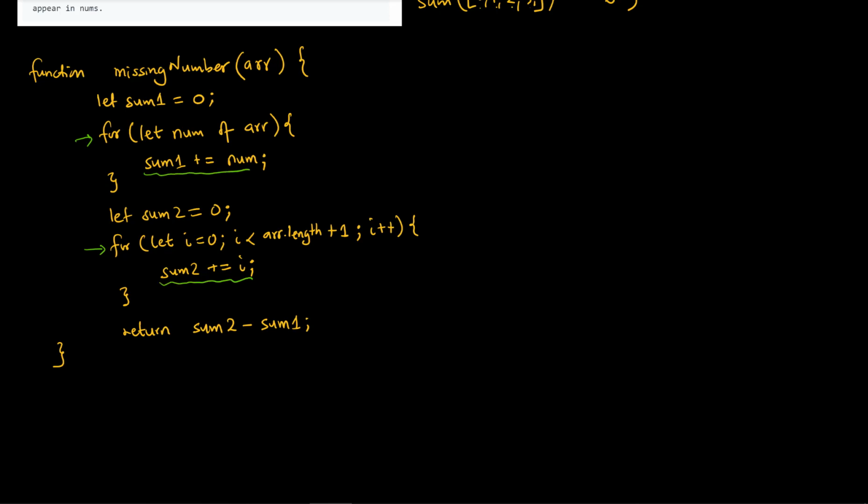Okay, because knowing that we are counting this from 0 up to the length, we can then just do our refactor. Let's call it function still missingNumber array.